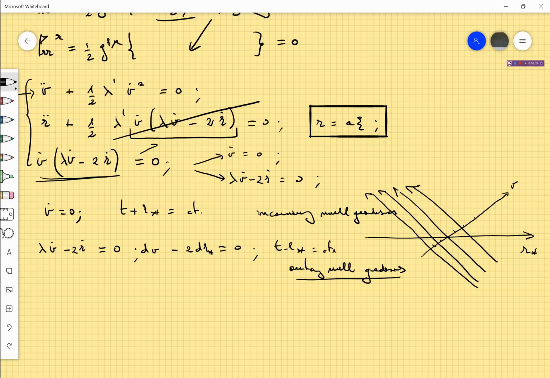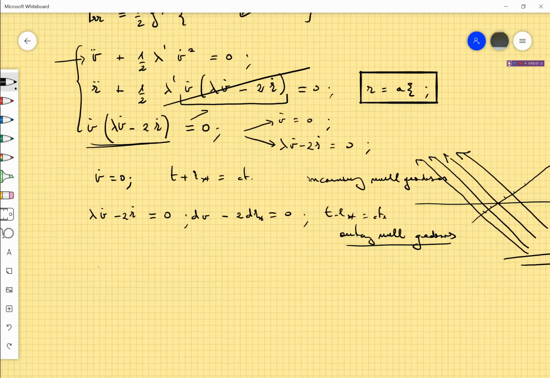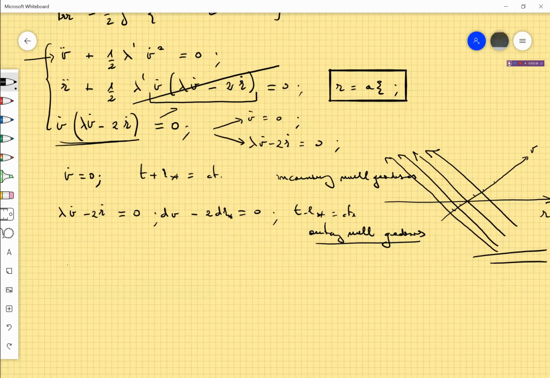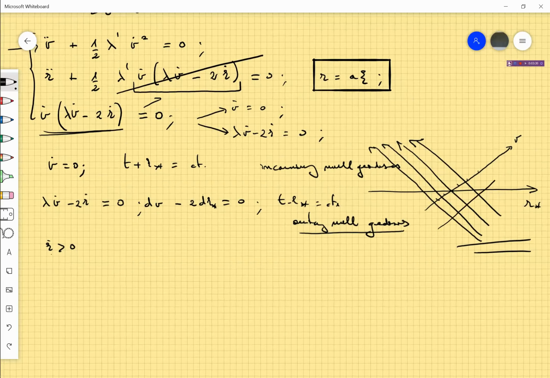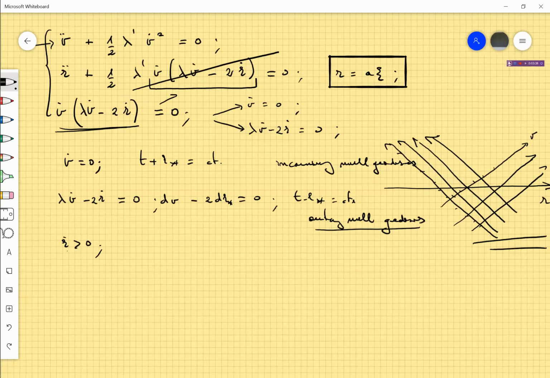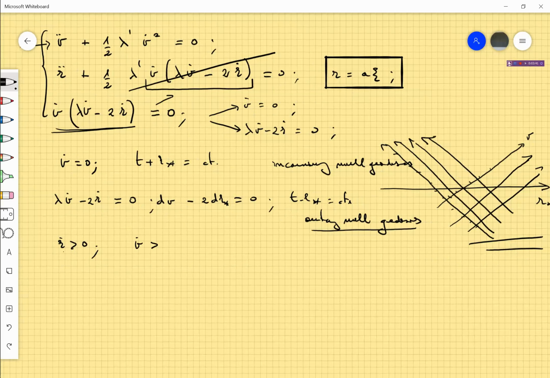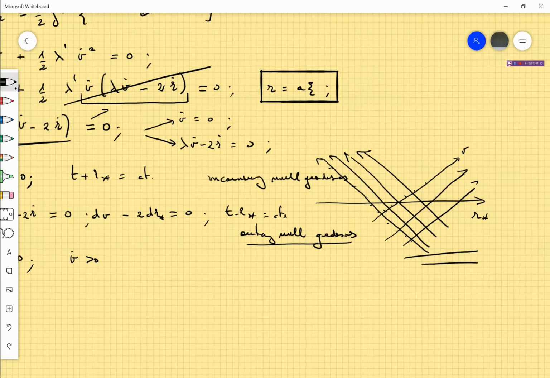The situation is reversed with respect to the ones I have drawn here. Now let us look more closely at these outgoing null geodesics. Outgoing have r dot larger than 0, so r grows when the evolution parameter psi grows. They go in this direction, and they are labeled by the value on the u-axis, but they also have a v dot positive, because outgoing means that v grows when psi grows.